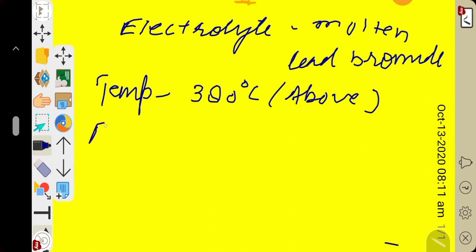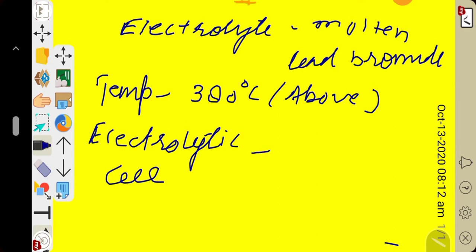The electrolytic cell used in this process will be a crucible made of silica. We will use a crucible made of silica.